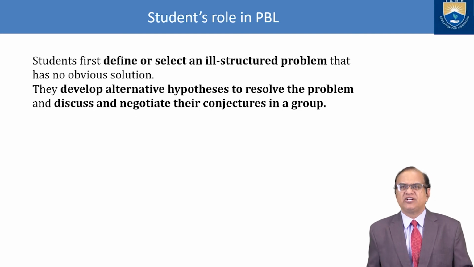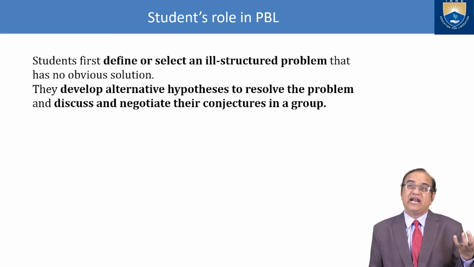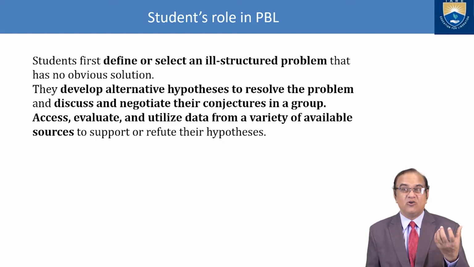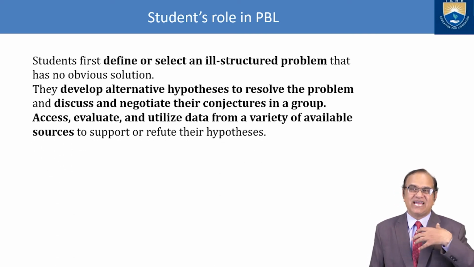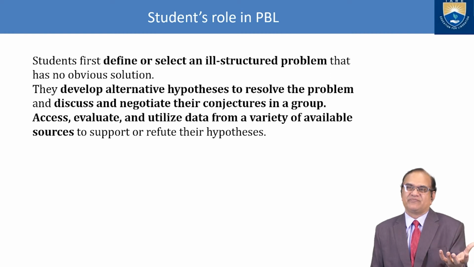They develop alternative hypotheses to resolve the problem and discuss and negotiate their conjecture in a group. So in a group they have to develop a hypothesis to resolve the problem and discuss and negotiate their conjecture. They will learn how to behave in a group, how to make sure their words are correct.